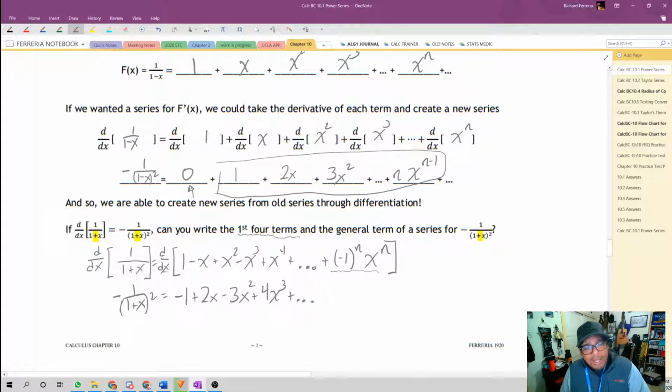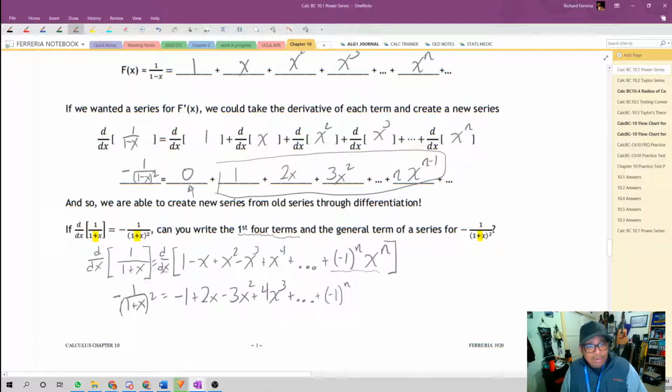-1 to the n doesn't have any x's involved in it, so that's actually constant in terms of x. So I'm just going to write it out. The only thing that I need to take a derivative of are the factors that have an x. And this second factor, x to the n power, certainly has an x.